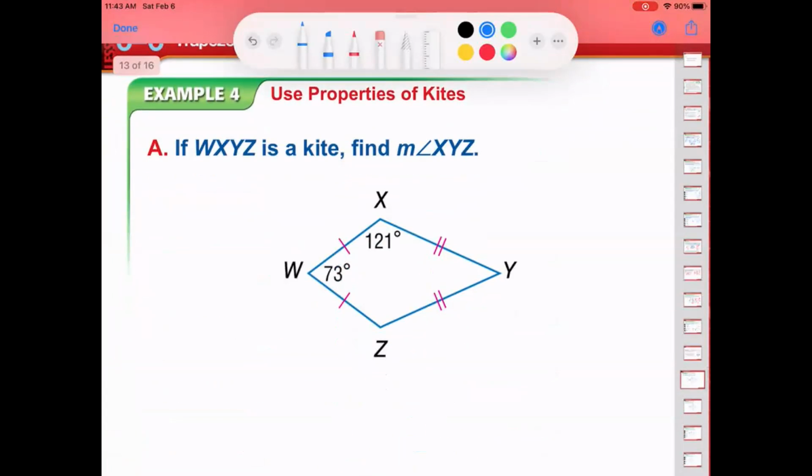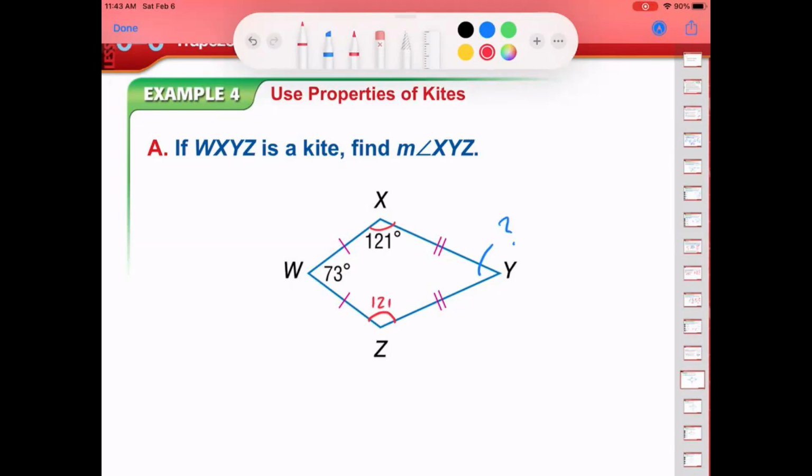So if quadrilateral WXYZ is a kite, find the measure of ZYX. So we want to find this measure right here. So the nice thing is they gave us 2 measures, and I know this angle and 121 are congruent, which means I have 121 for 2 angles.